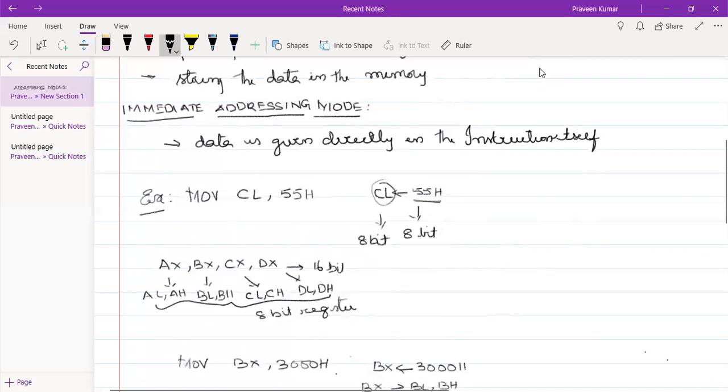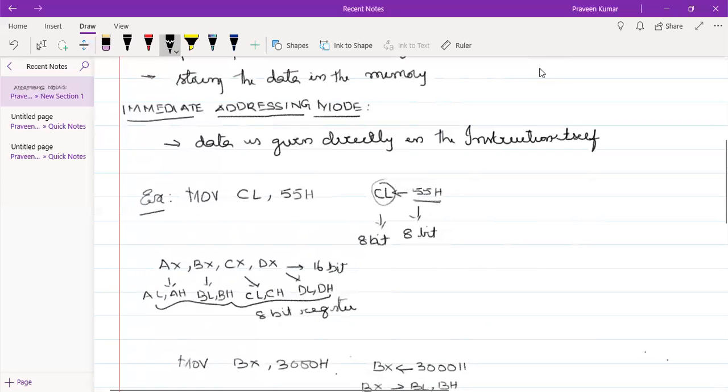We already know there are 4 general purpose registers: AX, BX, CX, and DX, which can each hold 16 bits of data. And they are subdivided into AL, AH, BL, BH, CL, CH, DL, DH, which are 8-bit registers.